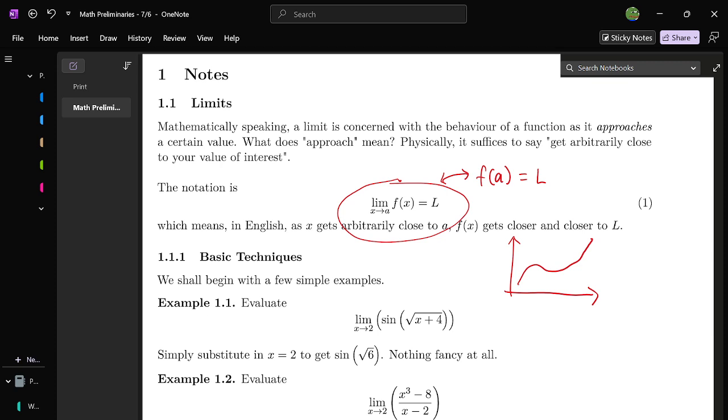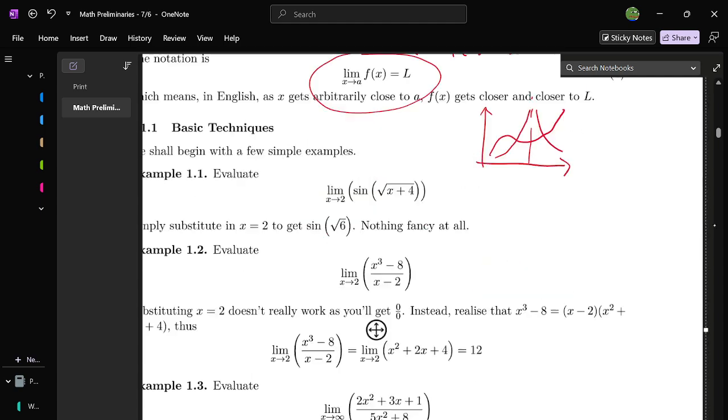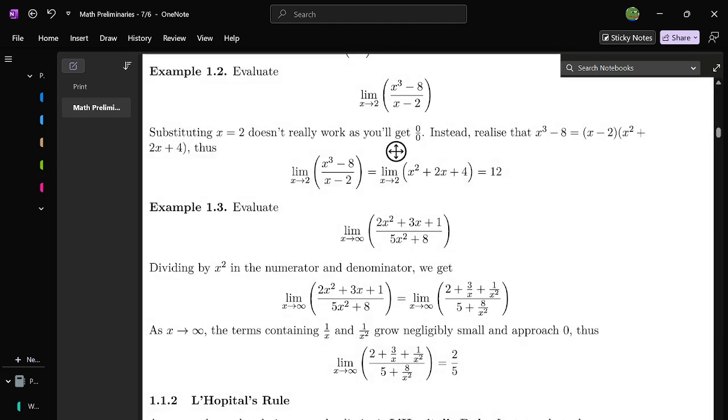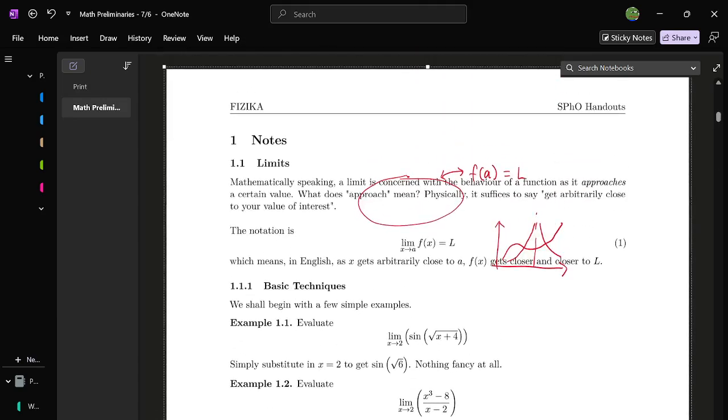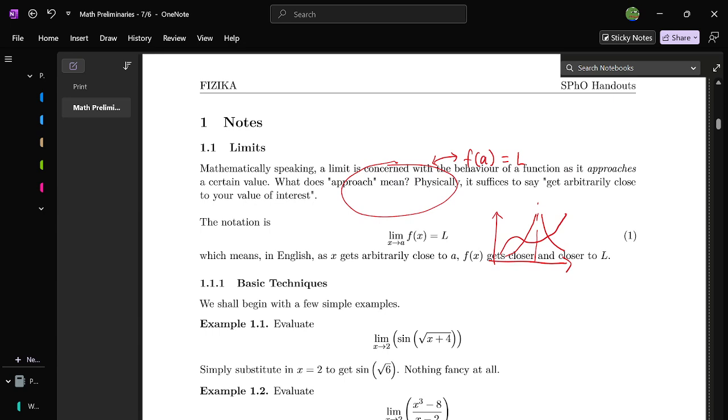But if you have a graph like that, then this is not continuous, and your limits actually matter here because there is a discontinuity at this point. There's an asymptote here, and your function is not continuous there. In English, as x gets arbitrarily close to a, f(x) gets closer to L.